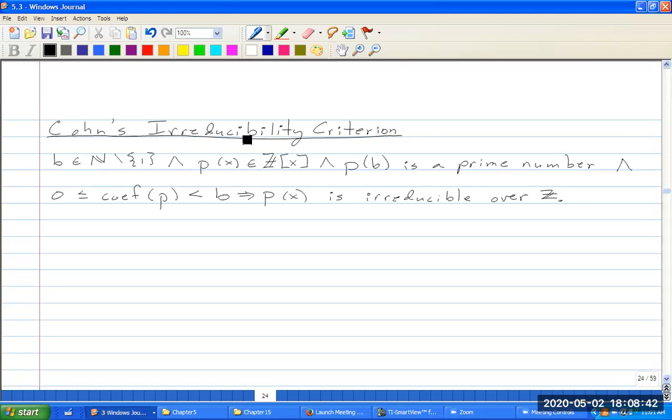And suppose I have a polynomial that has only whole number coefficients, where the polynomial evaluated at this number B is a prime number, and every coefficient in the polynomial is between 0 and less than that number B. Then the polynomial is irreducible over the integers. Okay, so I'm going to give you an example here to show you how to use this.